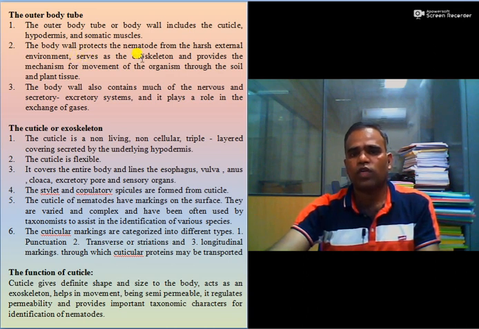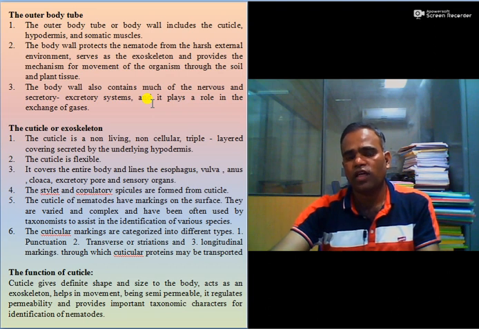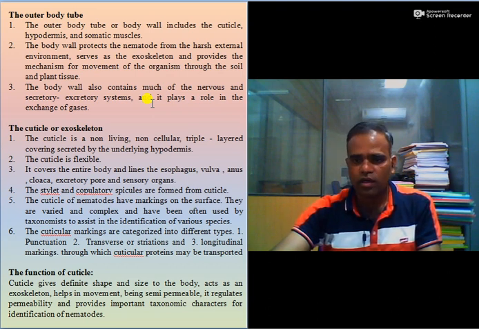It also serves as exoskeleton. It provides the mechanism for movement of the organism through the soil and plant tissue. The body wall contains nervous system or nerve cells and secretory or excretory system cells, and it plays a role in the exchange of gases.